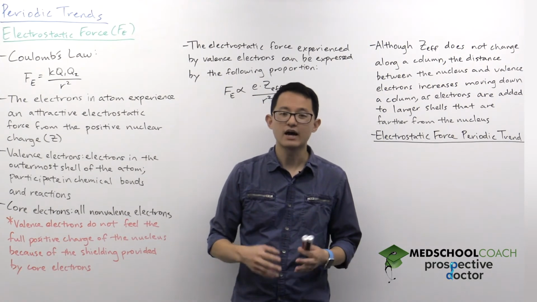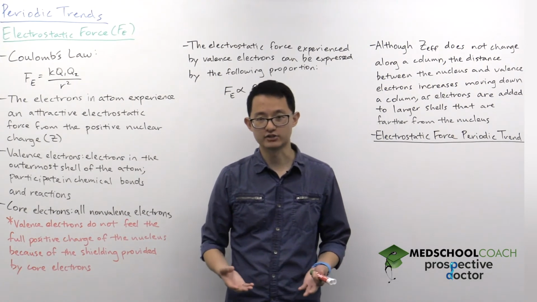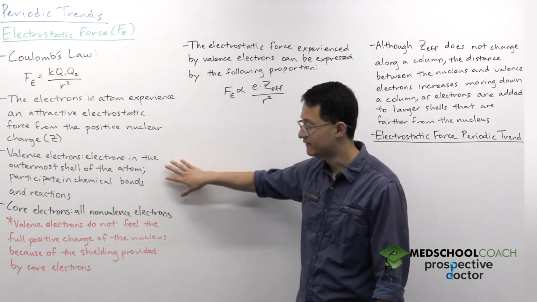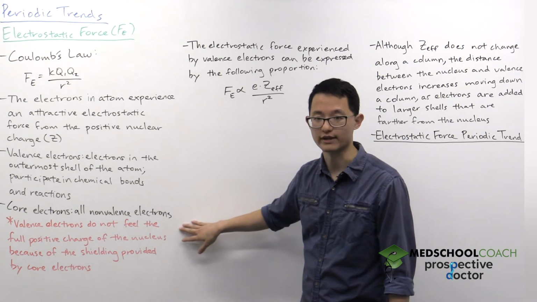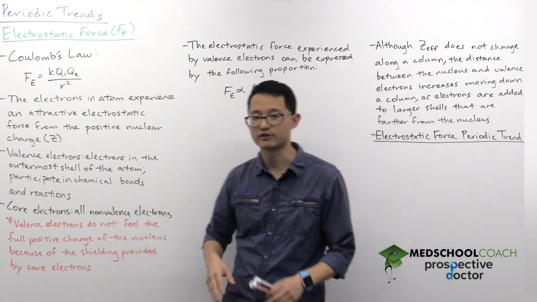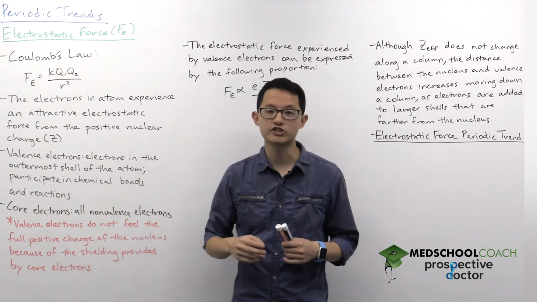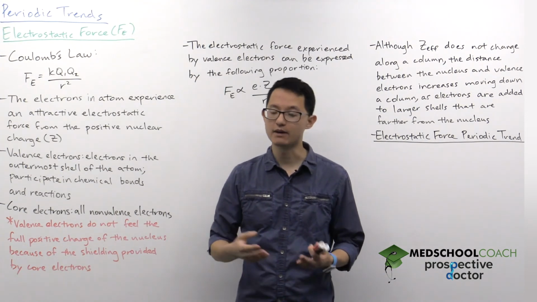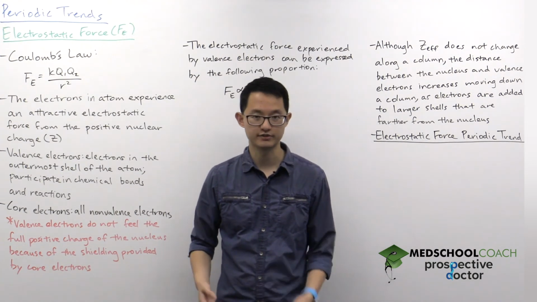Now, the nucleus exerts an attractive electrostatic force on all of the electrons within an atom, but it turns out we're not interested in all of those interactions. That's because we can classify electrons as two types: valence electrons and core electrons. Valence electrons are the electrons in the outermost shell of the atom. They are important because they participate in chemical bonds and chemical reactions.